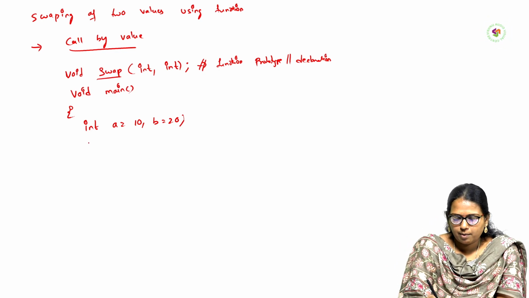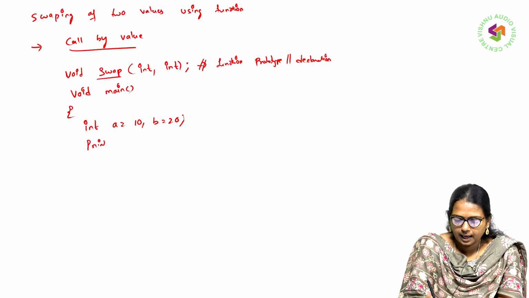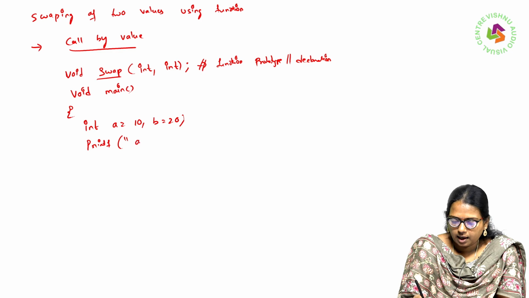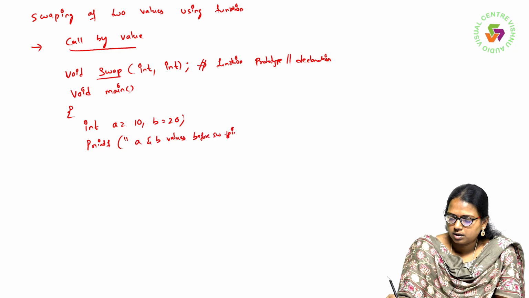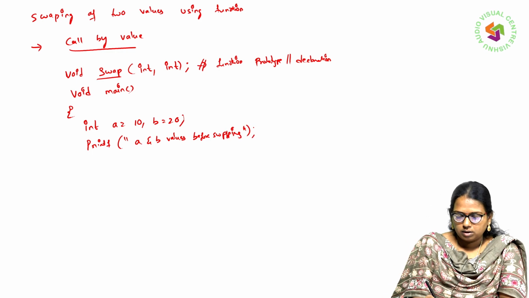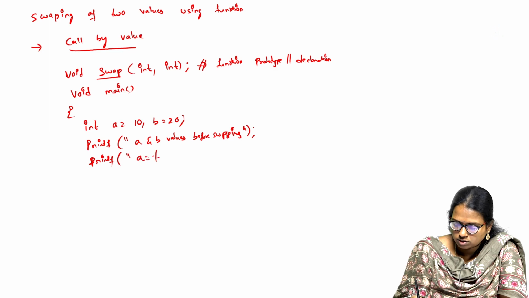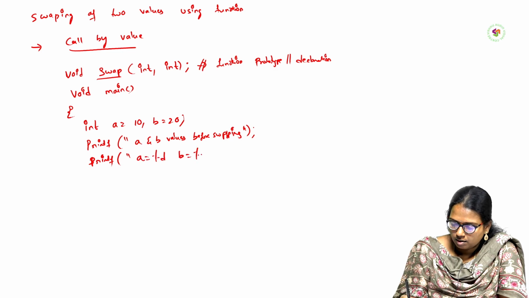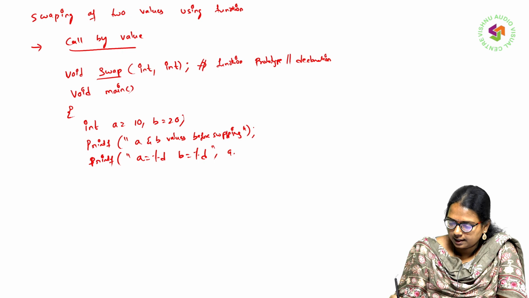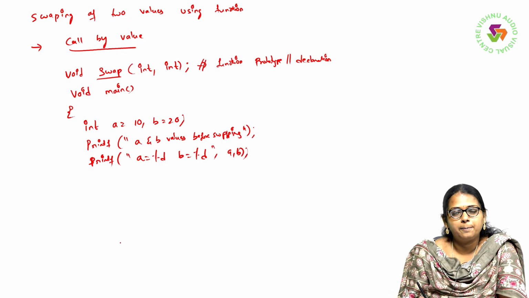Before swapping, I want to print the values of a and b, so printf a and b values before swapping, like this: a is equal to %d, b is equal to %d, a comma b.